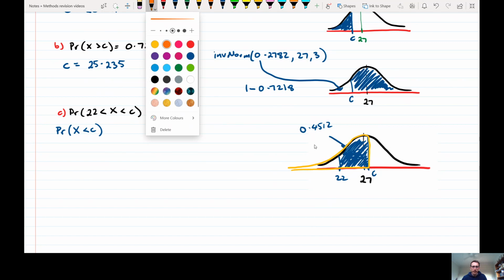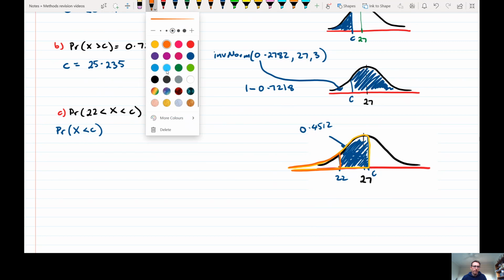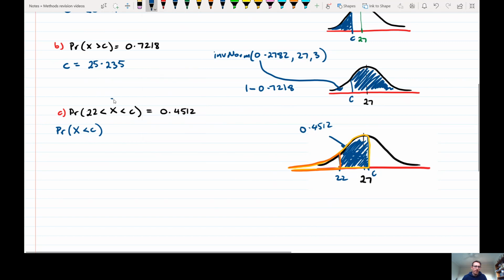And you can hopefully see that if I then subtract less than 22, you're left with this blue section in here that I wanted between 22 and C. So what that means is I can rewrite this thing as being less than C minus being less than 22, and together they give you 0.4512 like that.